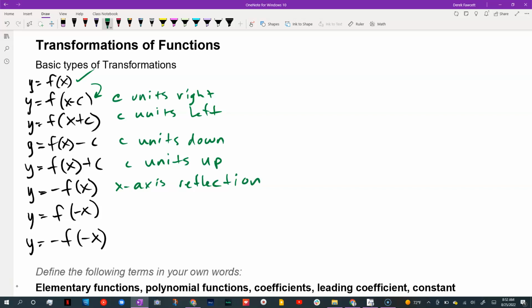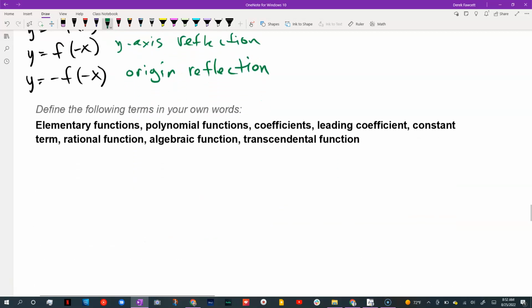And then if your x is negative, that is a y-axis reflection. Right, and then if they're both negative, that is a reflection around the origin. All right, so those are all of the different types of transformations that you can apply to functions.